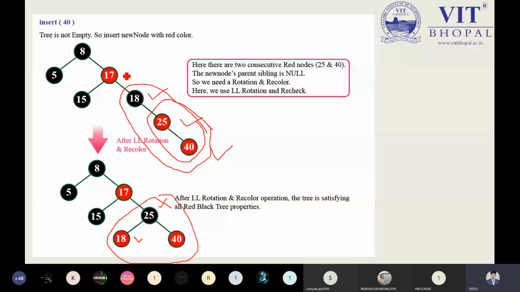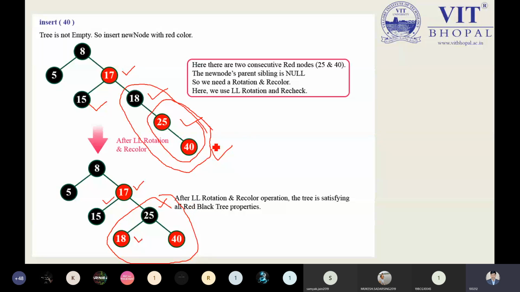And 17 is already red, and 15 is already black, so no recolor is required here. Then 25 will definitely be black, but for 17 and 15 no recolor is required. So after performing the LL operation, we can perform this activity.